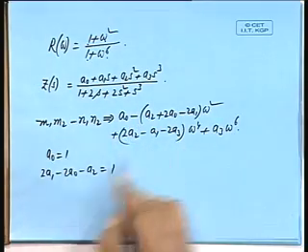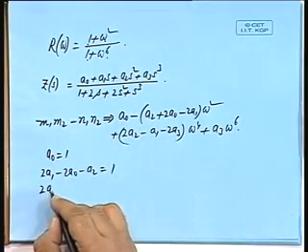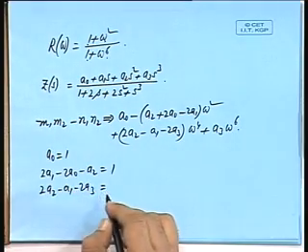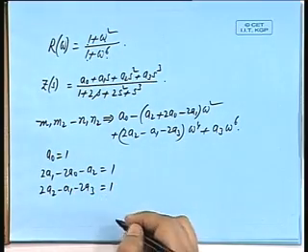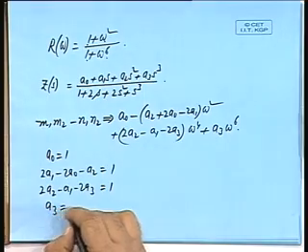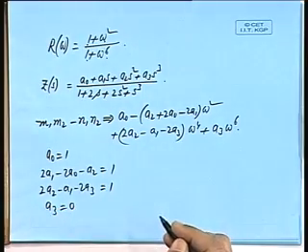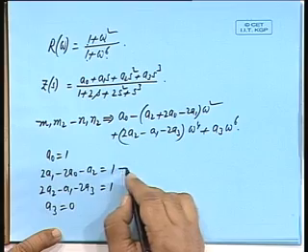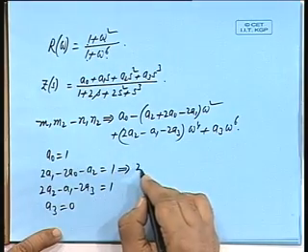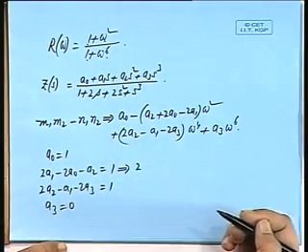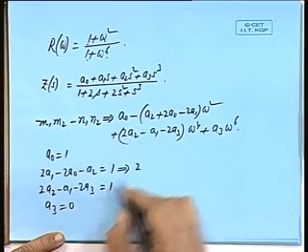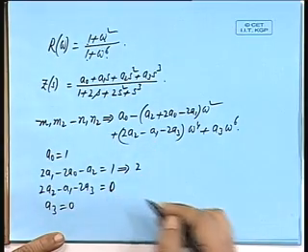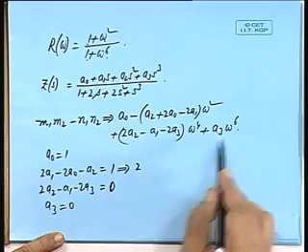Then this one is 0, twice A2 minus A1 minus twice A3 equal to 0, and A3 is 0. Is that all right? So if I put a0 equal to 1, what do I get here? Omega 4, yes, sorry, it is 0. So a3 is also 0.